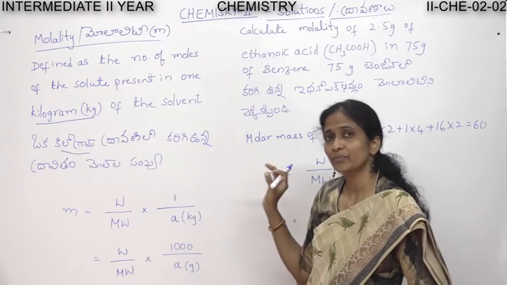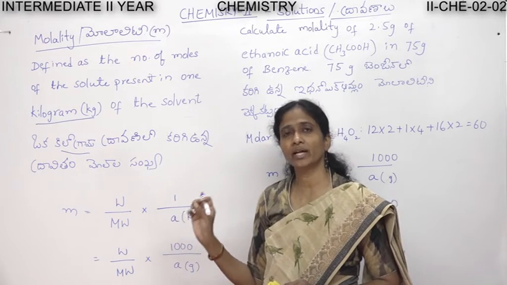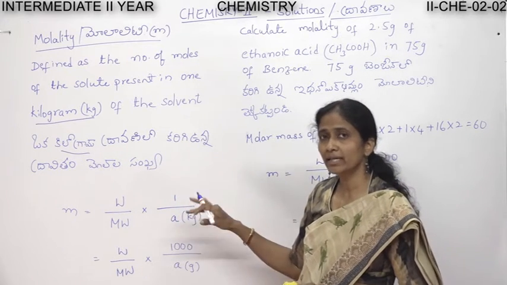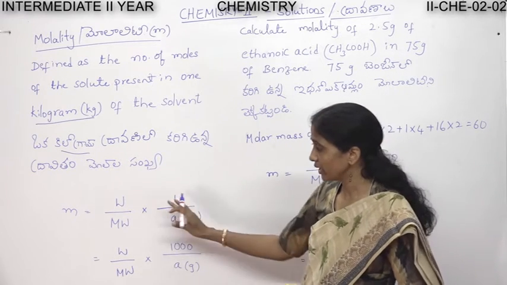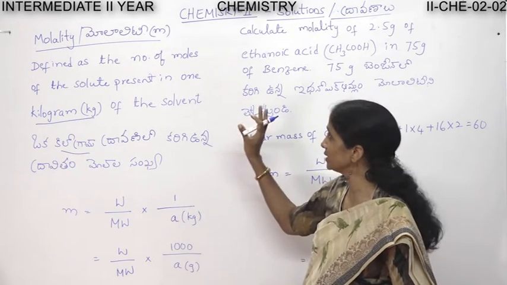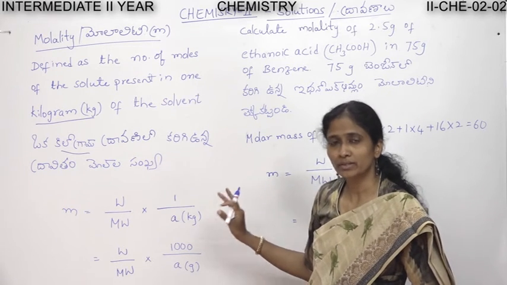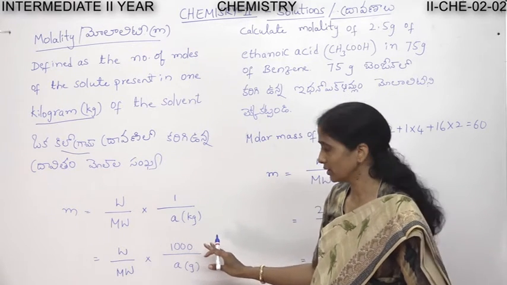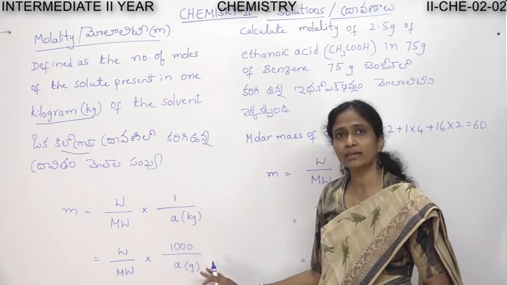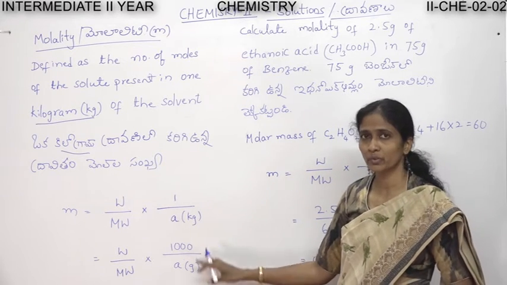Okay, that was the molarity formula that we already have covered. So molality and molarity, we can use both formulas depending upon the given problem. So if in that problem kilograms is mentioned, we can go with this formula. If it is there in grams, we can go with the next formula, 1000 by A.